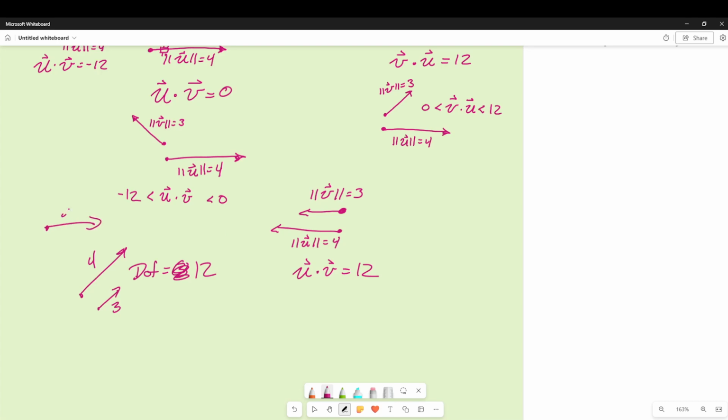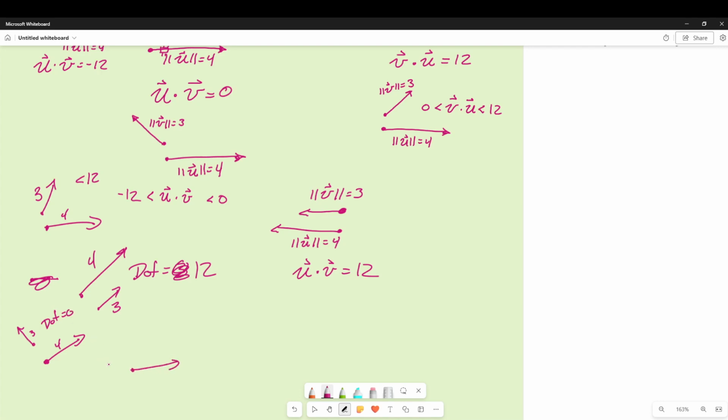If they form an acute angle, then they're kind of working together, but not quite. It's going to be less than 12. If they're orthogonal, if they're at exactly right angles to each other, then the dot product is 0.